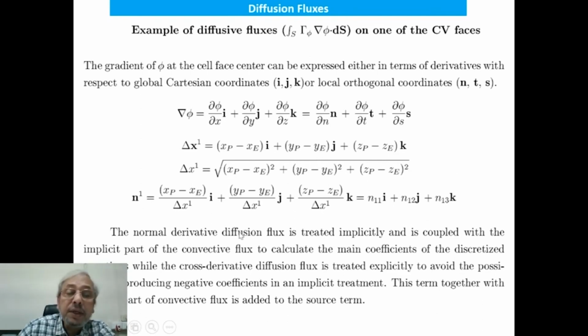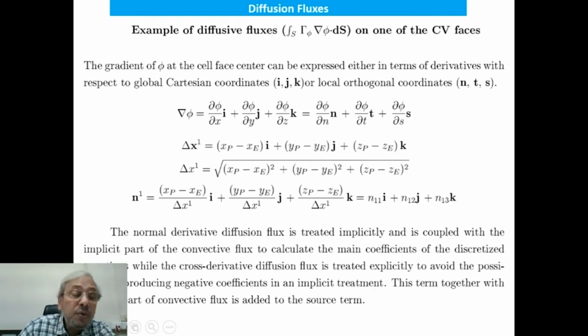The normal derivative diffusion flux is treated implicitly and is coupled with the implicit part of the convective flux to calculate the main coefficients of the discretized equations, while the cross derivative diffusion flux is treated explicitly to avoid the possibility of producing negative coefficients in an implicit treatment.